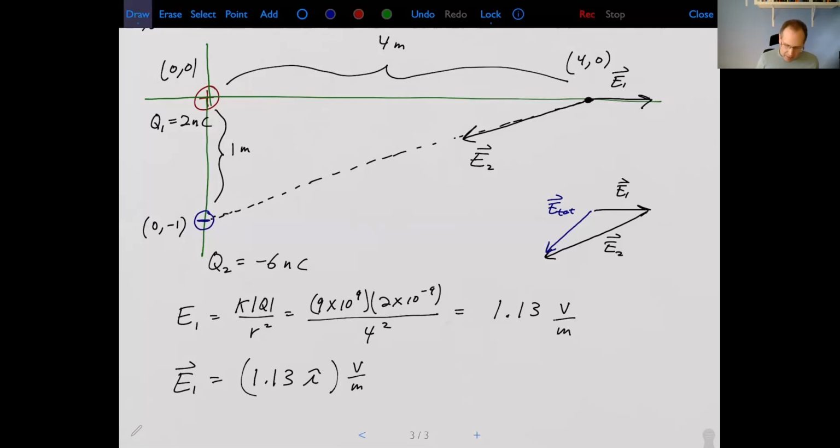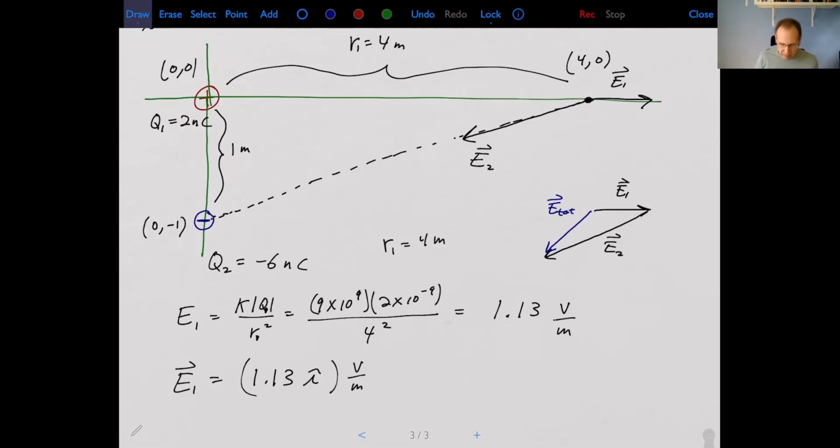Now we need to figure out E2. I should be careful here. Let me write Q1 over R1 squared, where Q1 was given as 2 nanocoulombs, that's right here. And R1 was 4 meters because that's this distance on top here.